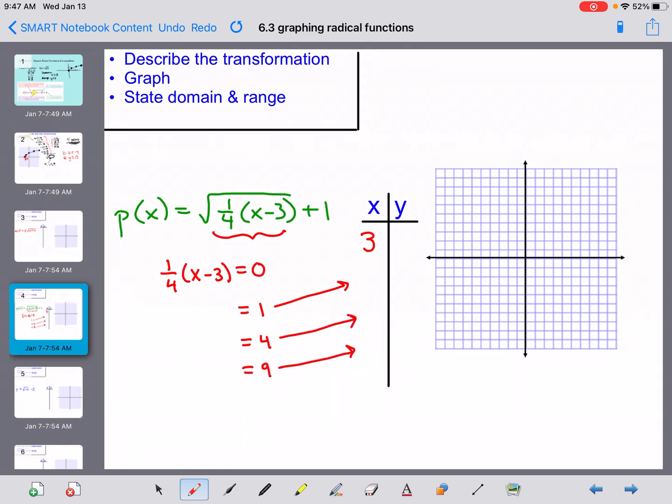Go ahead, pause the video and see if you can get all those x values. So these should be your x values that you're getting. Those will get you nice perfect squares under the radical. Now go ahead, pause the video and substitute these numbers into the function and figure out your outputs and then graph it.